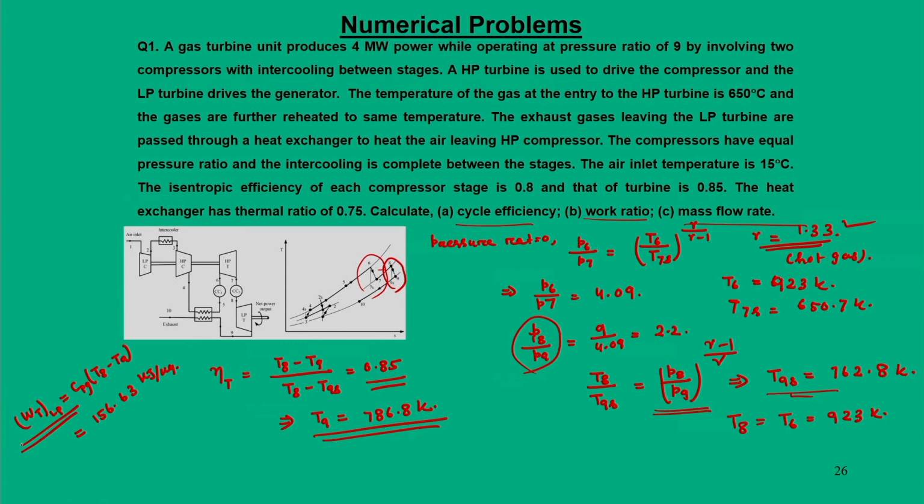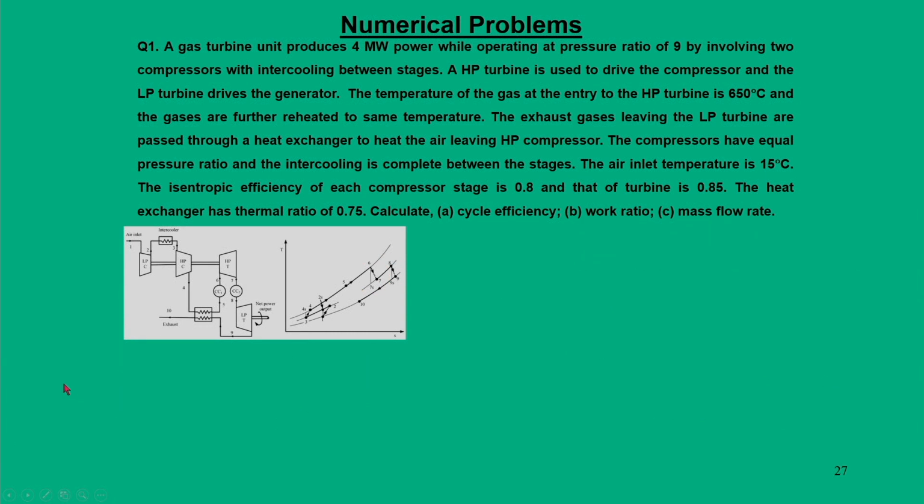This is the actual work that we want. Then we have to recall the thermal ratio Tr, that is T5 minus T4 divided by T9 minus T4, by definition, and this value is 0.85.